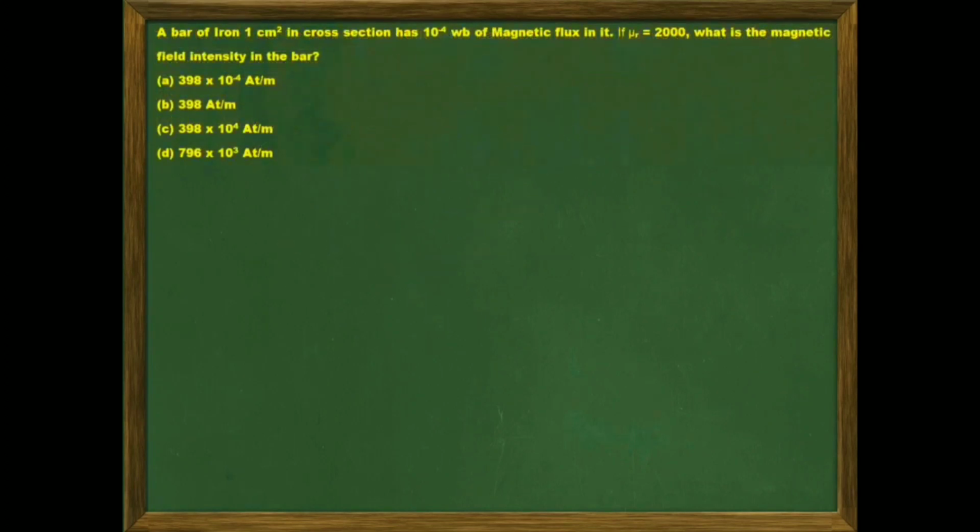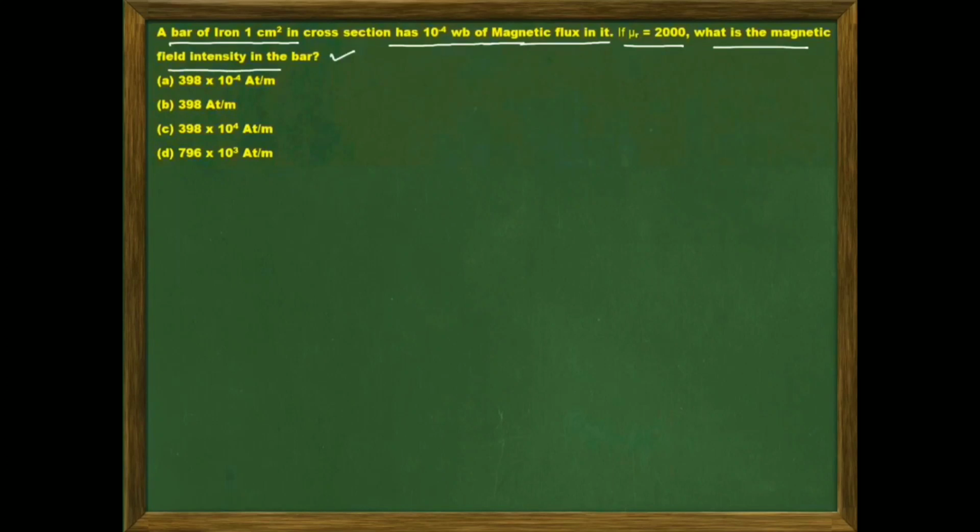In this question, there is a bar of iron of cross-section area 1 centimeter square, and it has 10 to the power minus 4 Weber of magnetic flux in it. If the relative permeability is 2000, then what is the magnetic field intensity in the bar?